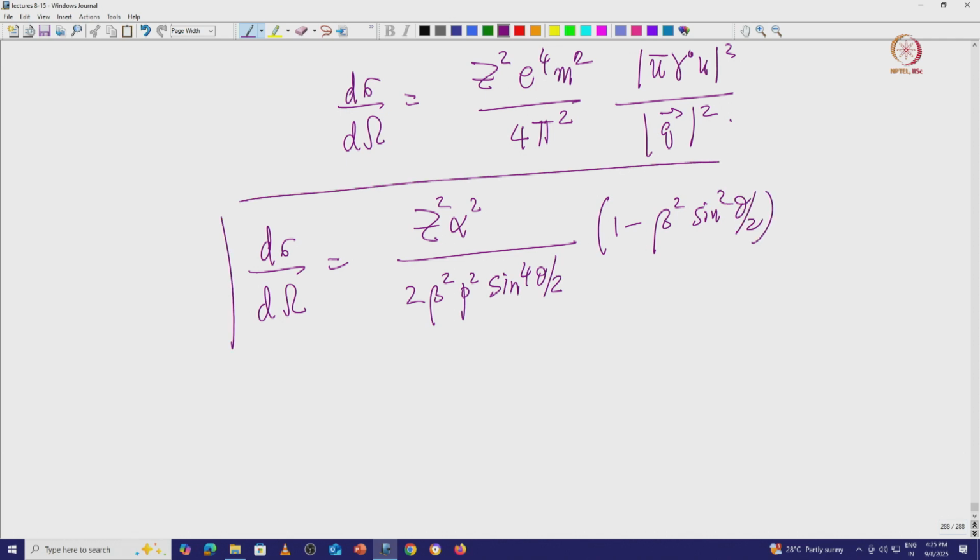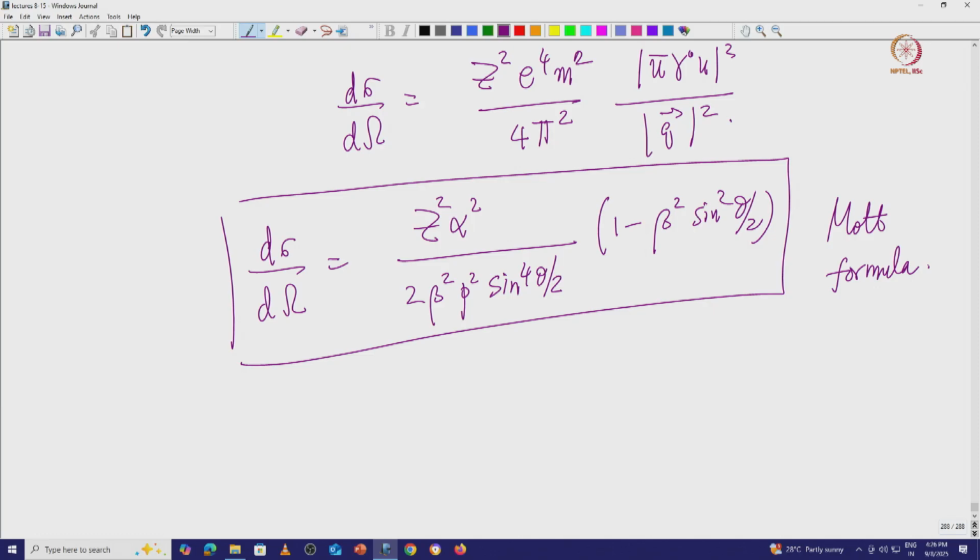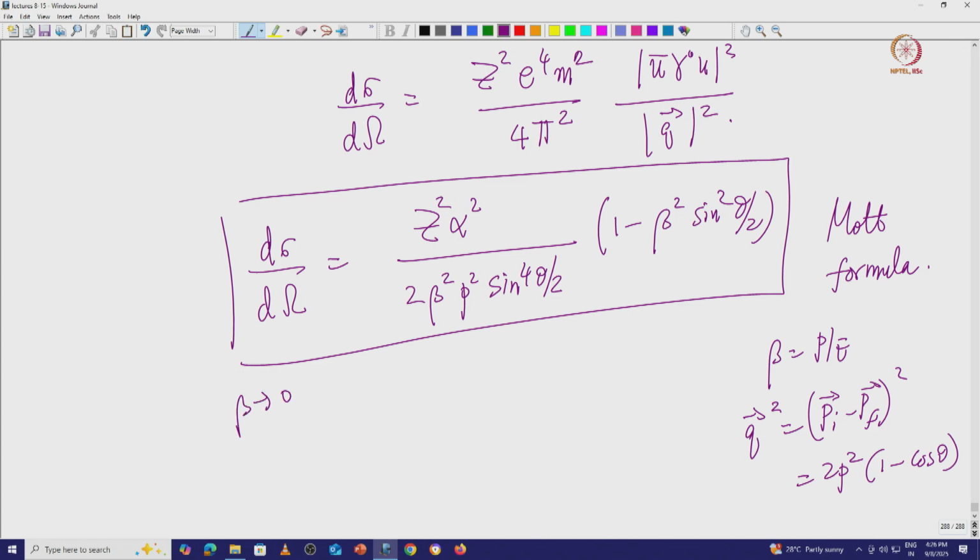This is the famous Mott formula, where beta is equal to p by E, and q squared is equal to p_i minus p_f whole squared, that is equal to 2p squared times 1 minus cos theta. So in the limit beta goes to 0, you get back your Rutherford scattering.